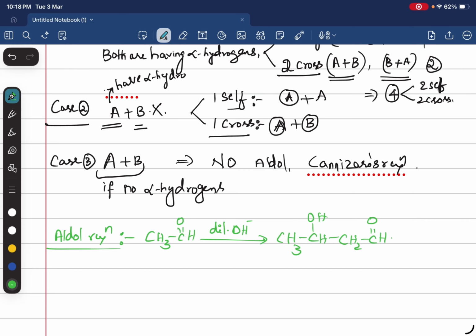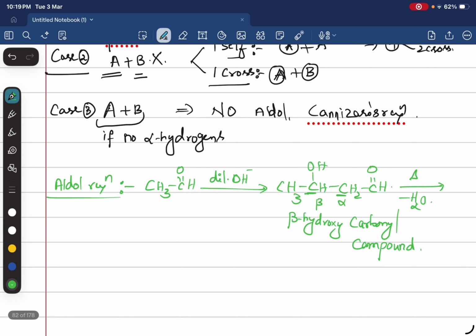First we get a beta hydroxy carbonyl compound. Beta hydroxy carbonyl compound is the general name, which on heating loses water, OH minus from this carbon, H plus from this carbon. That's how we get CH3 CH double bond CH C double bond O. So this is alpha, this is beta.